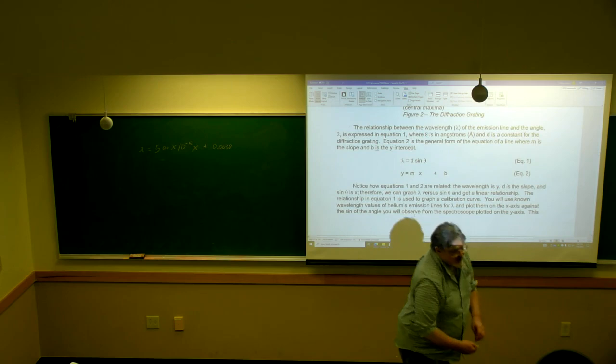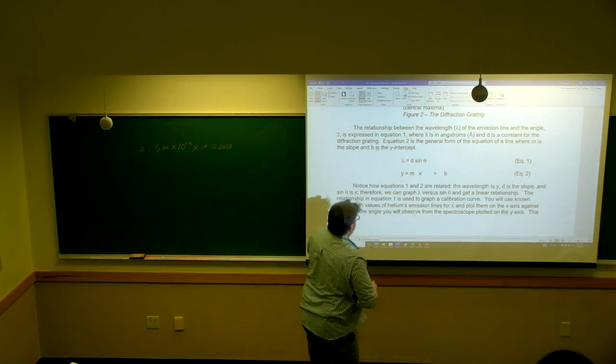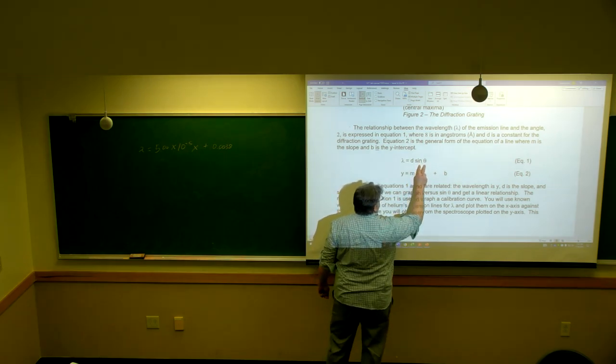So the x value you have on your graph is sine theta.